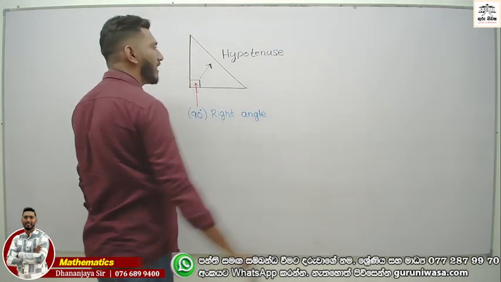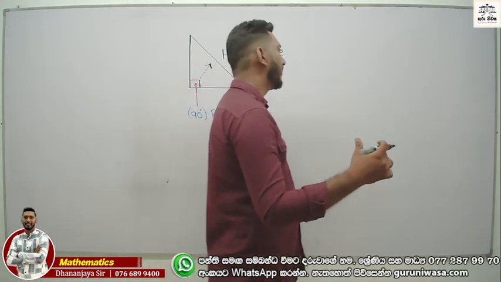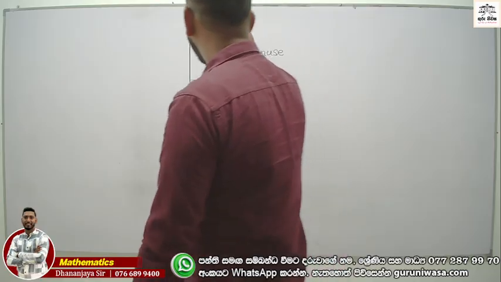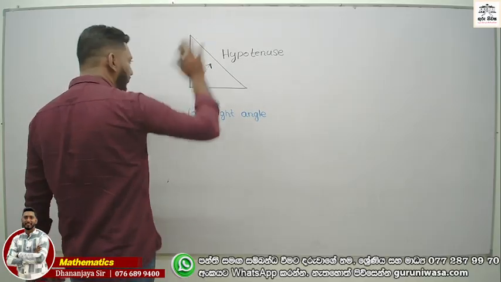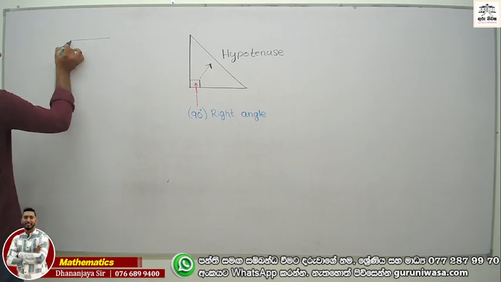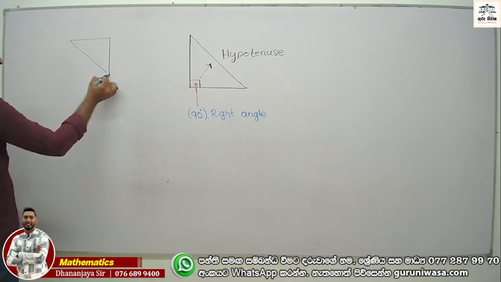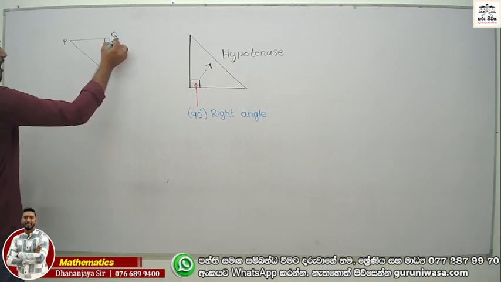Now you can identify any right angle triangle, and you call the opposite side of the right angle the hypotenuse, right? As an example, this one is a right angle, and I name it PQR.